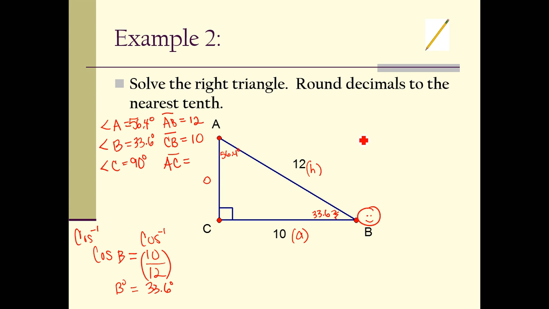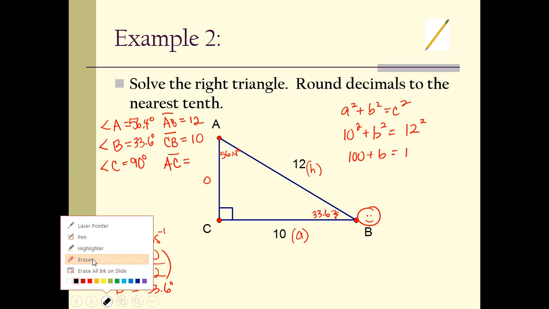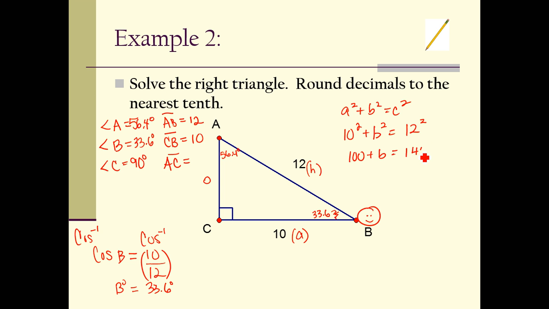So you have to decide how to get the sides and angles that you want based on the information that you have. Let's practice the Pythagorean theorem. A squared plus b squared equals c squared. My a is 10, so 10 squared plus b squared, which is what I'm looking for, equals c squared, my hypotenuse. 100 plus b squared equals 12 squared, which is 144.